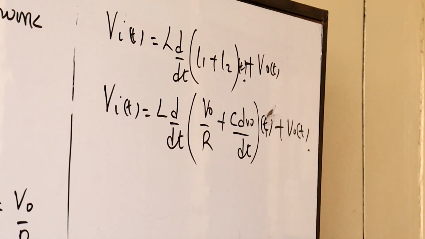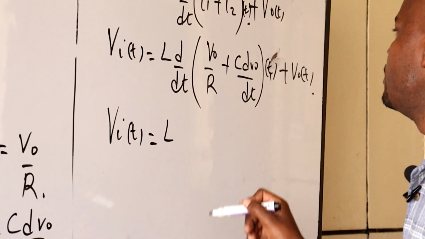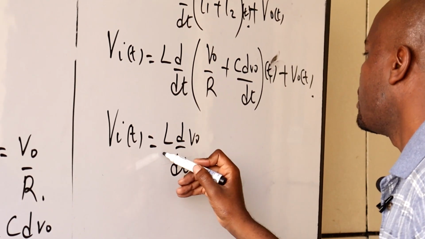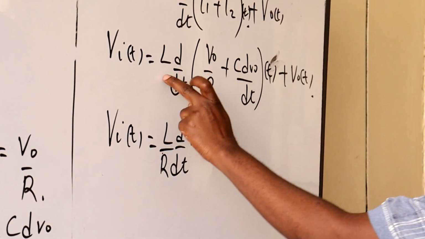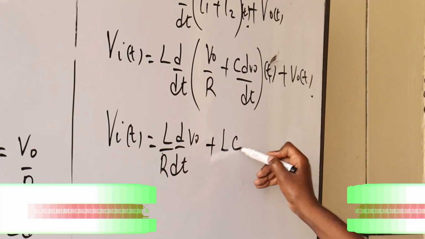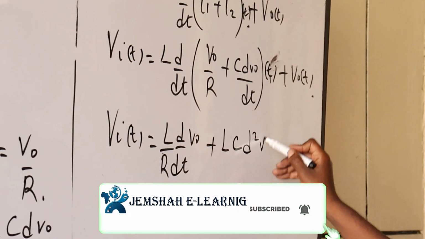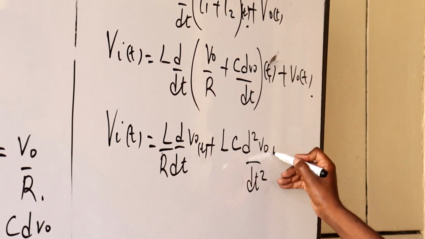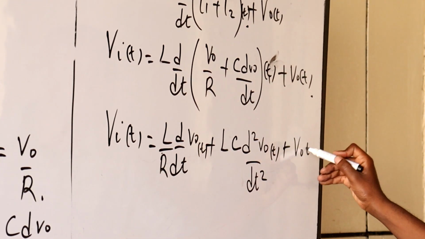So we can say Vi of t is equal to L d dt V out over R. You can have L over R dV out dt, plus L times C, then d dt will now be d squared V out all over dt squared, and then of course this is still in time domain, plus V out of t.